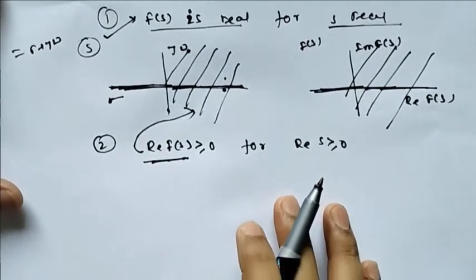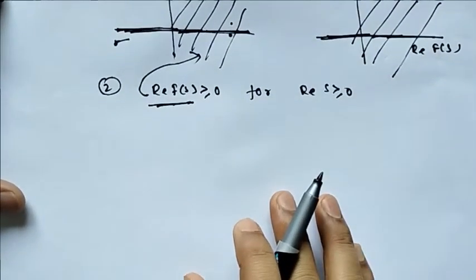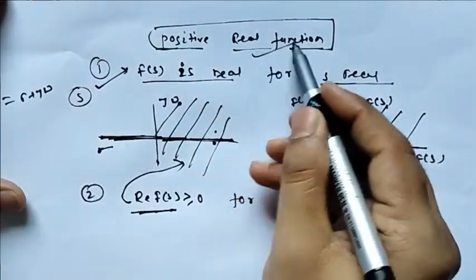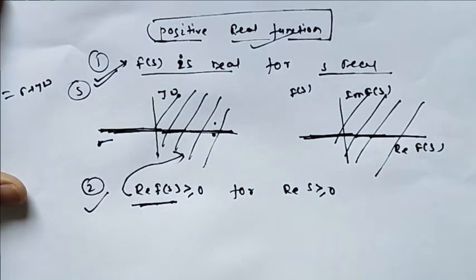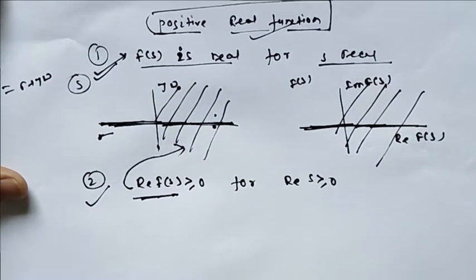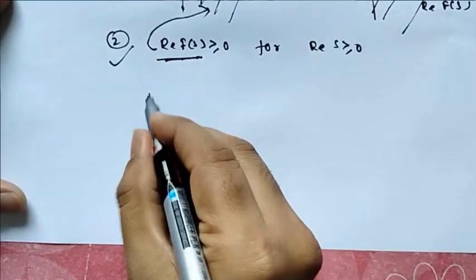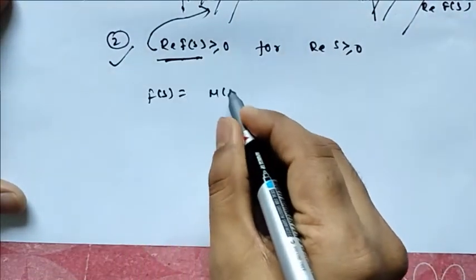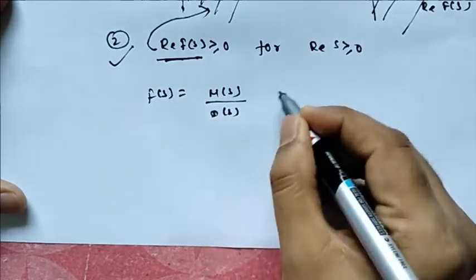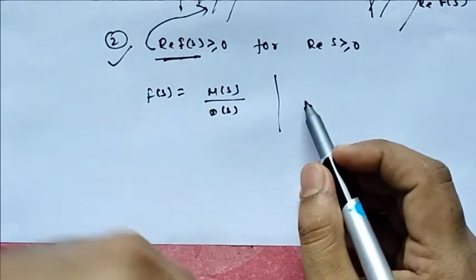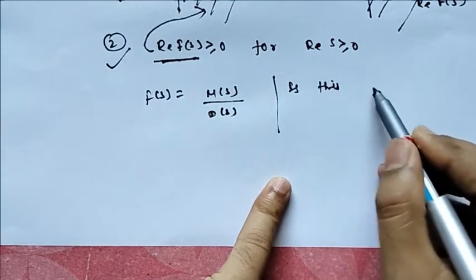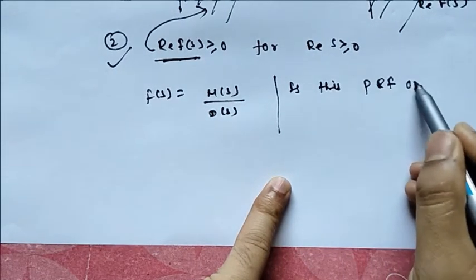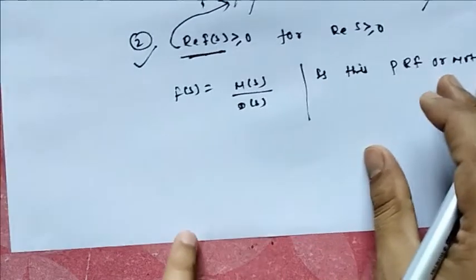So one scientist had given some rules to find the positive real function, taking the determination of these two things. Now what is that? Suppose the function F(s) is N(s) by D(s), and we want to make it clear whether this is a positive real function or not. Then we are going to apply some rules over here.